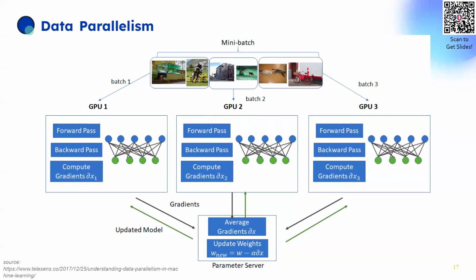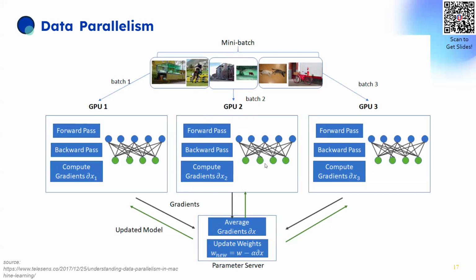We partition these 6 data samples across the 3 machines. Each server or each GPU has 2 data points, 2 images here. So each GPU computes its local gradients.